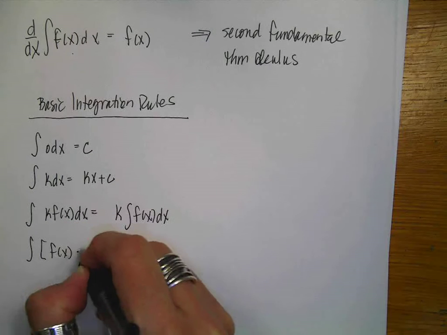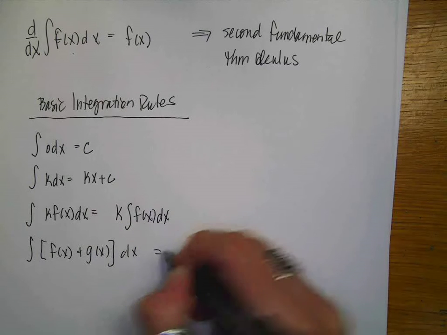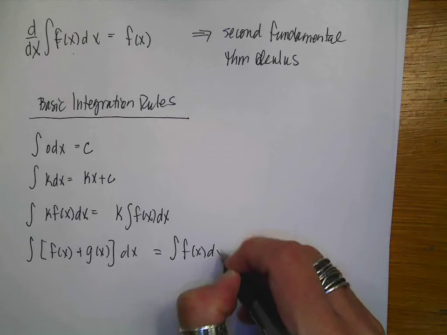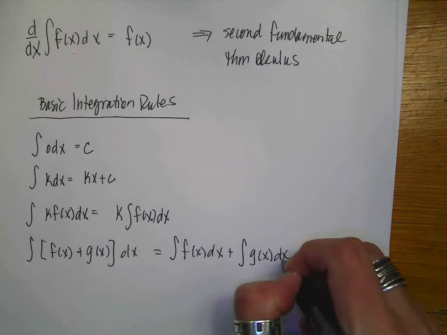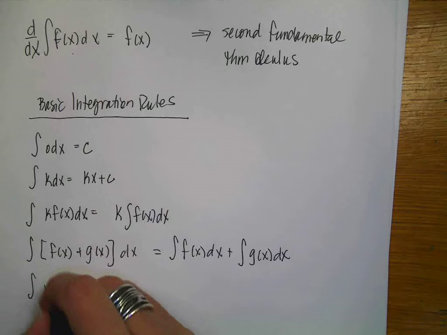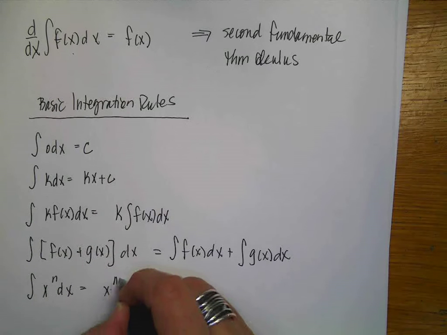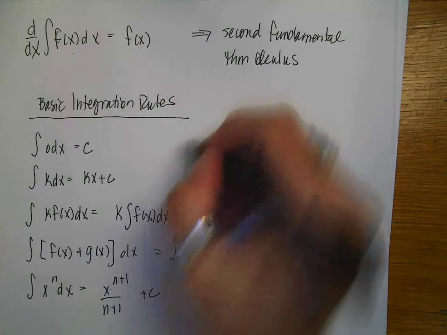The integral of f of x plus g of x dx can be split into individual components: the integral of f of x dx, and then the integral of g of x dx. The integral of x to the n dx is going to equal x to the n plus 1 divided by n plus 1, plus c, remembering that integrals go up in power.